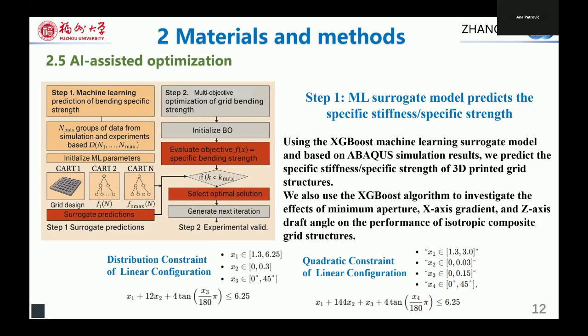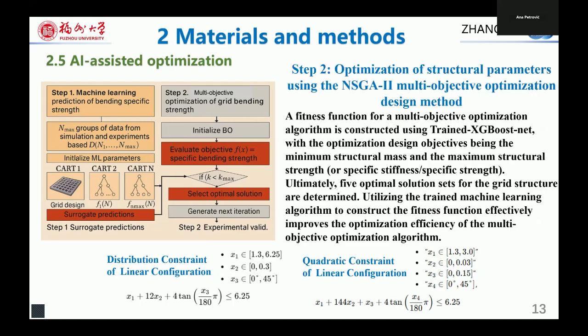It should be noticed that the database is very small. We only did 5 experiments and about 200 FEM analyses. And in the second step, the optimization of structure parameters was performed using the NSGA-II multi-objective optimization design method.